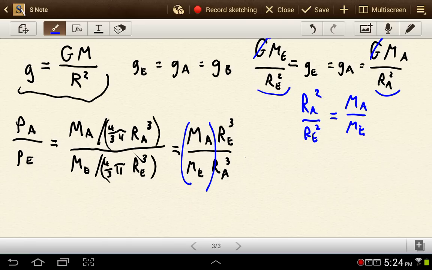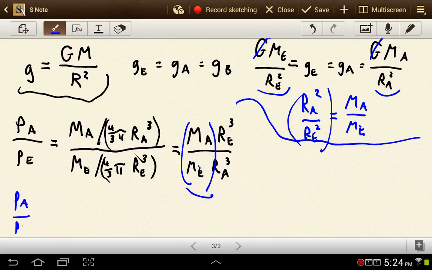Now, using that result, we can substitute this expression in. So rho_A over rho_E equals M_A over M_E, which is R_A squared over R_E squared, and then we also had R_E cubed over R_A cubed.